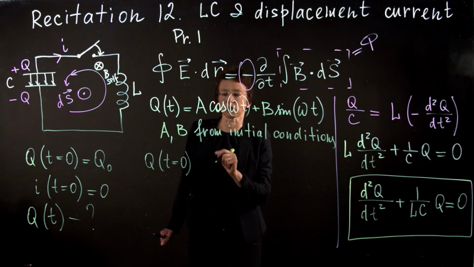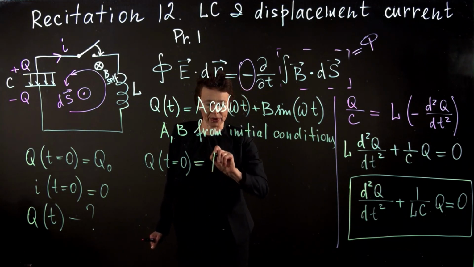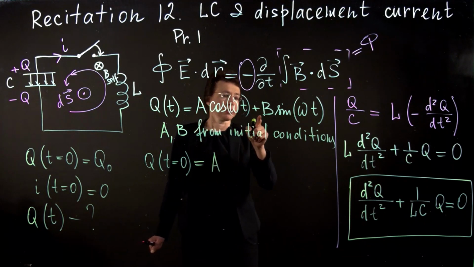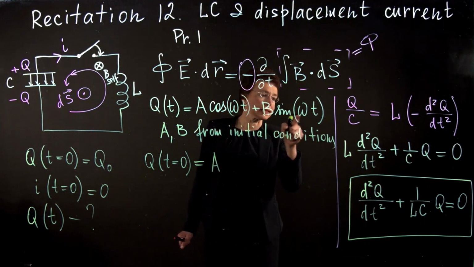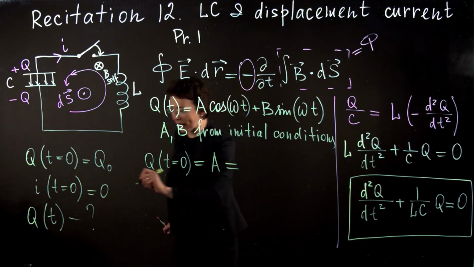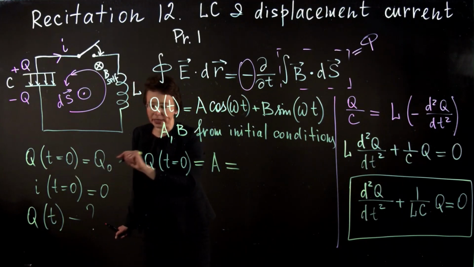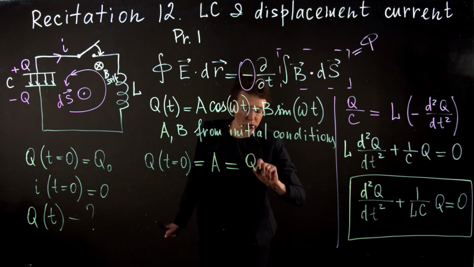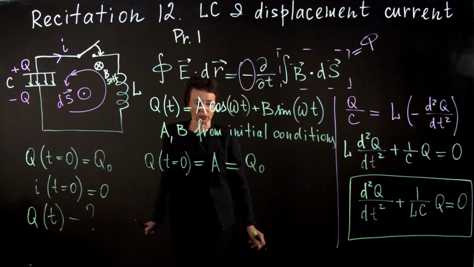Cosine 0 is 1, so I have A, then plus B, sine 0 is 0, that's it, I have A. And we are given that Q at time moment 0 was equal to Q naught, the capacitor was charged.